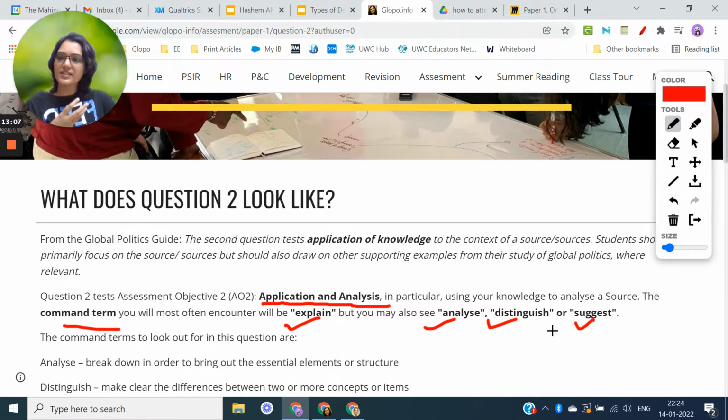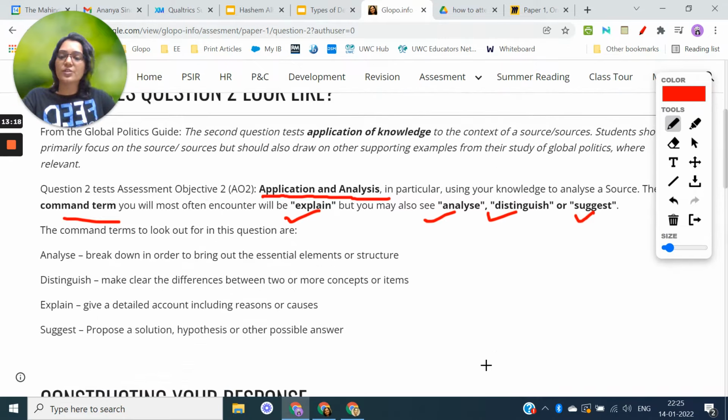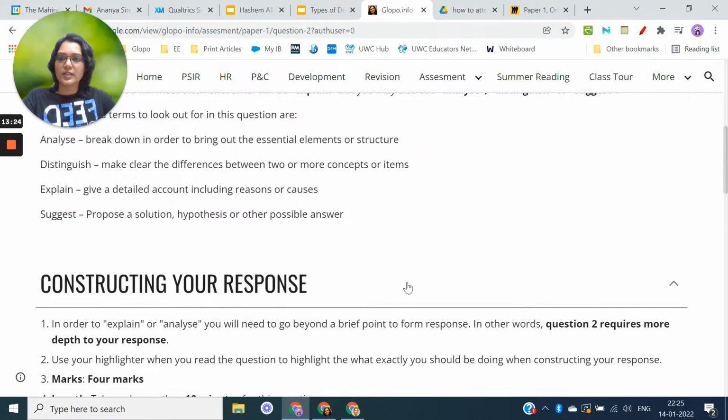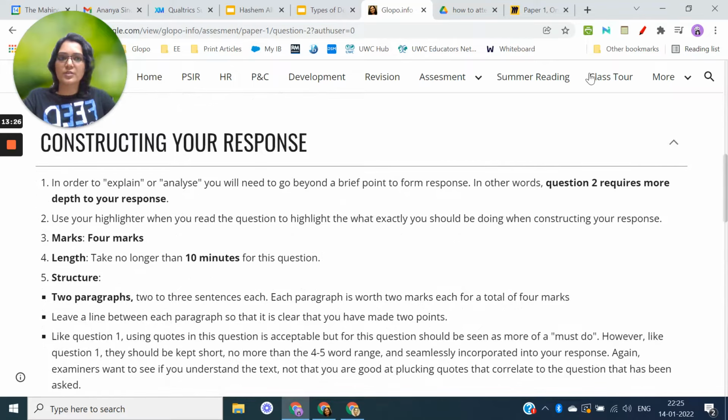So that means these command terms, they are not just asking you the factual data, but they are asking you to explain a bit more, to analyze a bit more, right? Now the definition of these command terms I have already given to you. Now we need to close it down to go further. Construct your response.